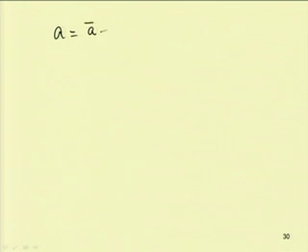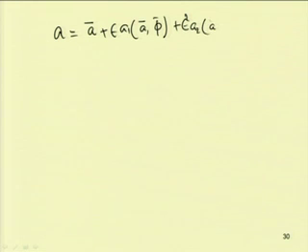we can do a further transformation by substituting A equal to A bar plus epsilon A1, which is a function of A bar and phi bar, plus epsilon square A2, which is a function of A bar and phi bar, and one can take higher order terms of epsilon also.